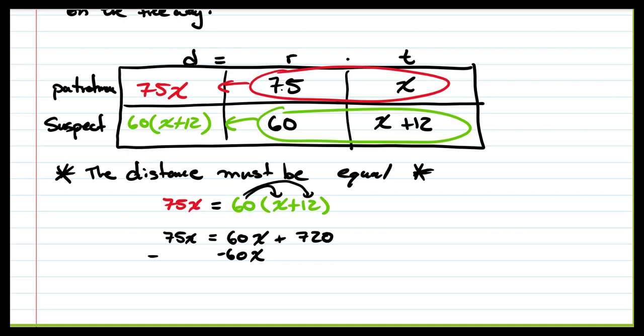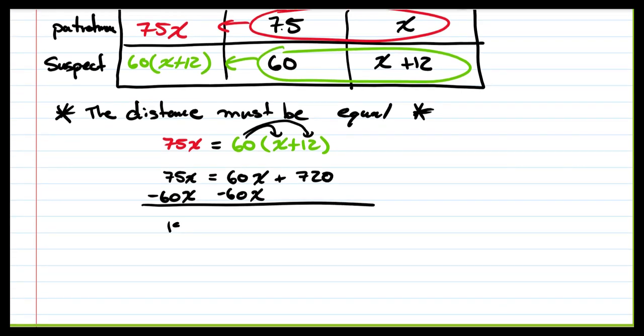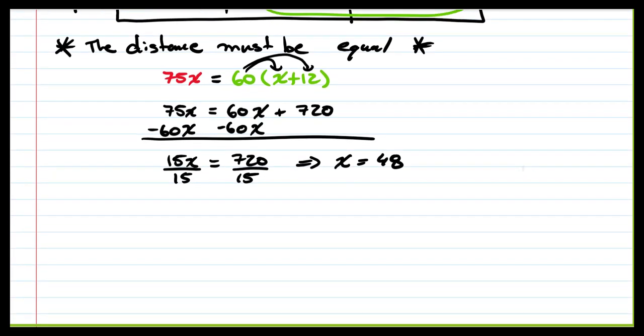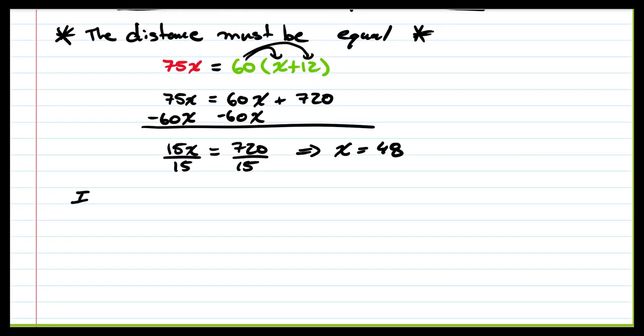We subtract 60x from both sides, and that gives us 15x is equal to 720. We divide by 15, and that gives us x is equal to 48. So at those speeds, it would take 48 minutes.